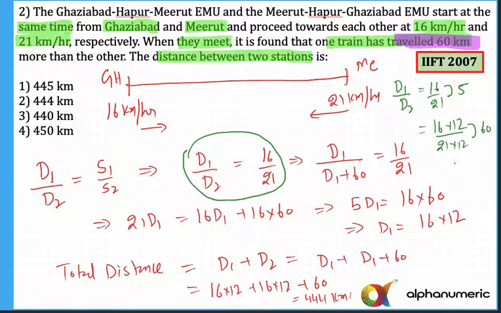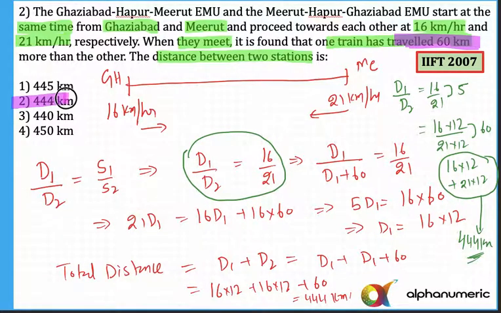So the first train has traveled 16 into 12 plus the second train has traveled 21 into 12. Add these two values, and it comes out to be 444 kilometer. So the correct answer in this case is 444 kilometer. I can mark option number 2.